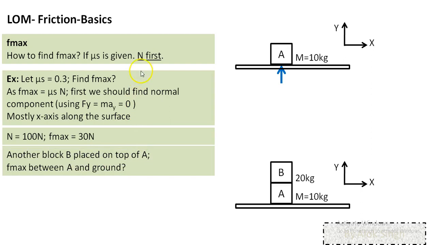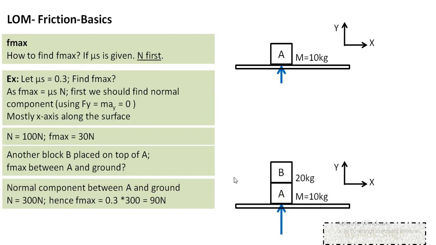Suppose we place another block on top of block A. So there is another block B we place on the top of block A. The weight of block B is 200 Newton. Will the maximum friction force between A and the ground change? Let's see how. As we place this block here, the normal component will change.